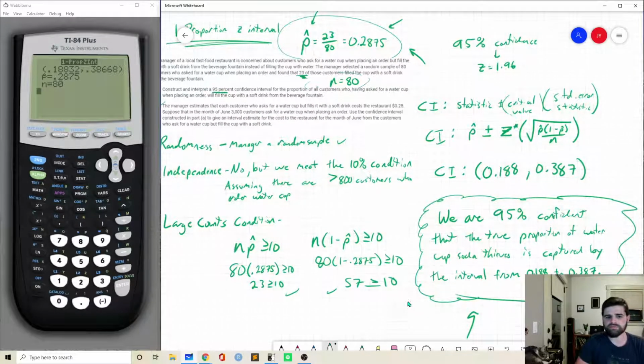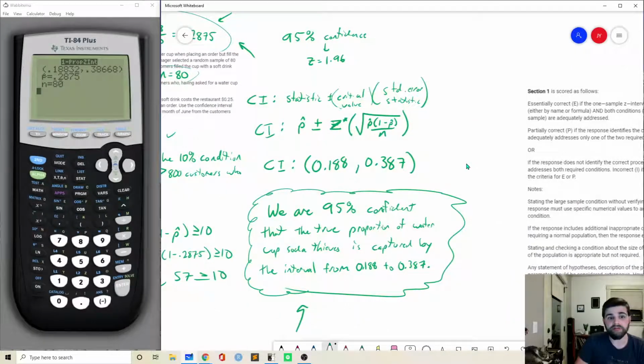So I think we could do that pretty easily. We've got 3,000 customers, and somewhere between 18.8% of them and 38.7% of them, so we can find those values. What is 18.8% of 3,000, right? And the top number as well. Find those numbers and then multiply it by 25 cents, since each one of those people is stealing 25 cents.